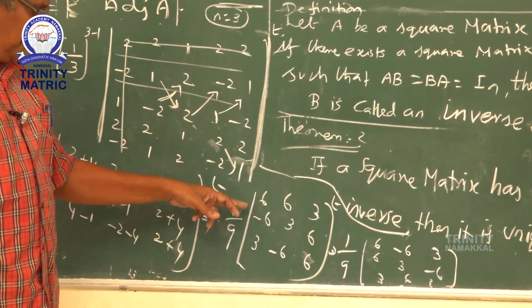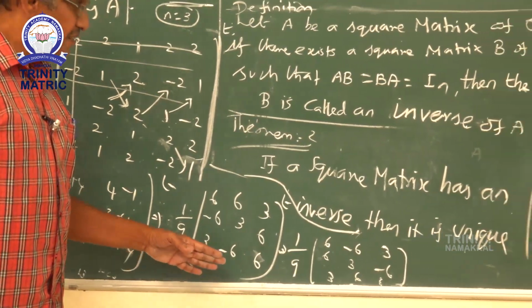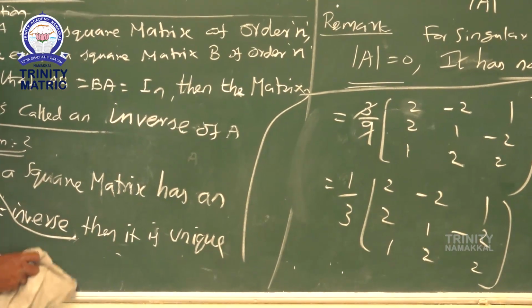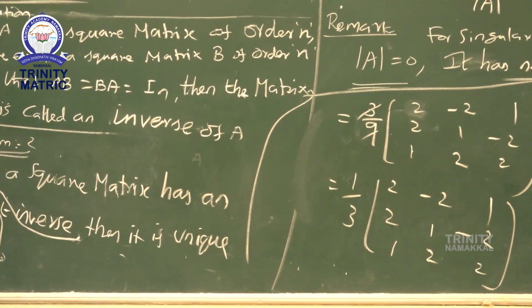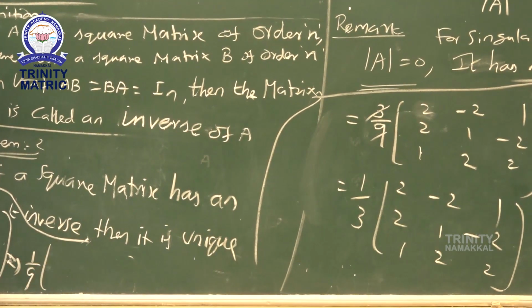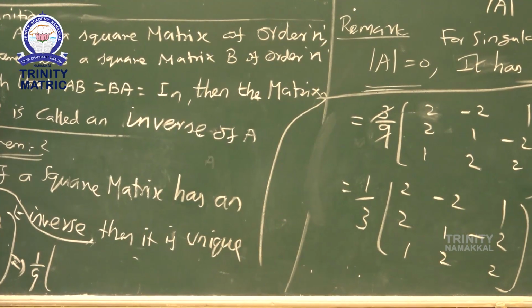So I am taking 3 from that. The extra step, so I can strike out. So you have to transpose this one. Yes, you have to transpose. What is that? 1 by 9. Row will become column.